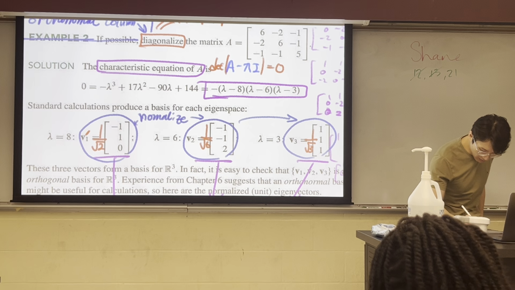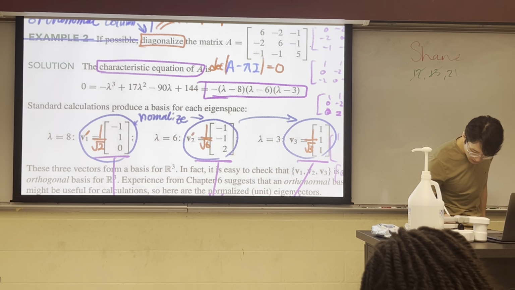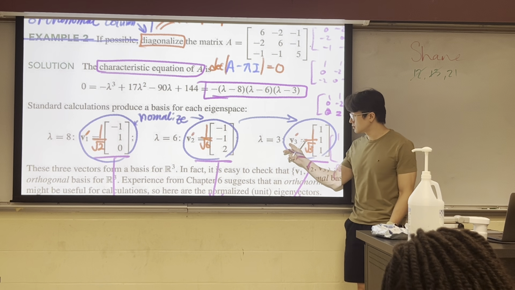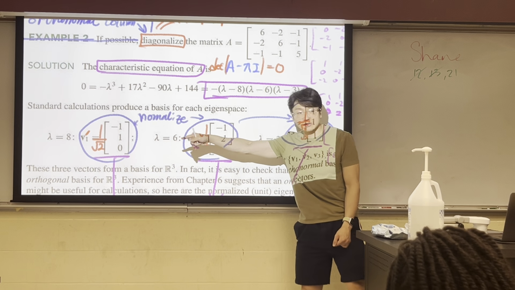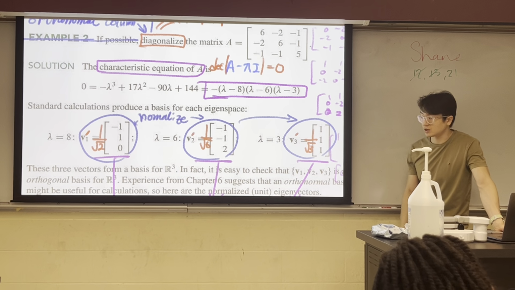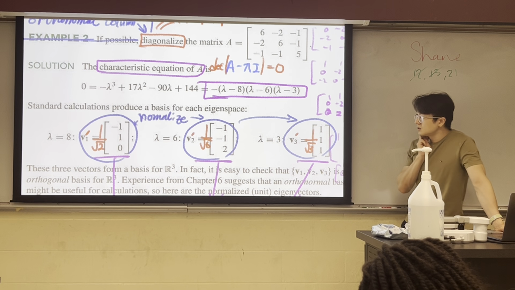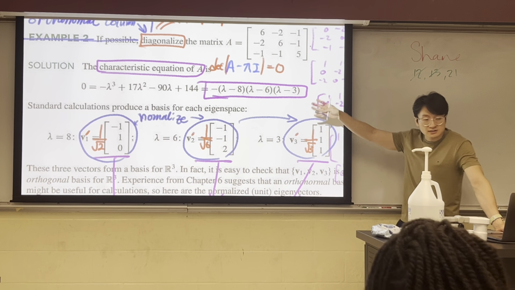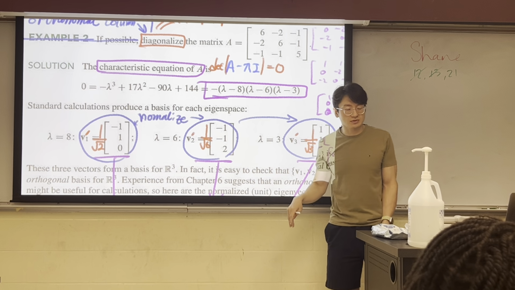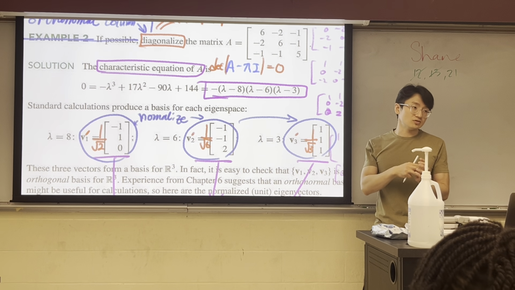So it's going to be v1 prime, v2 prime, v3 prime. Once you normalize, it's the same process as the last problem of exam 2.